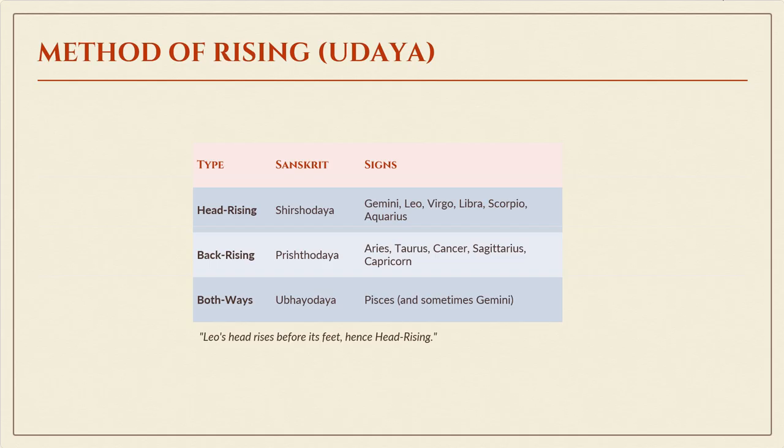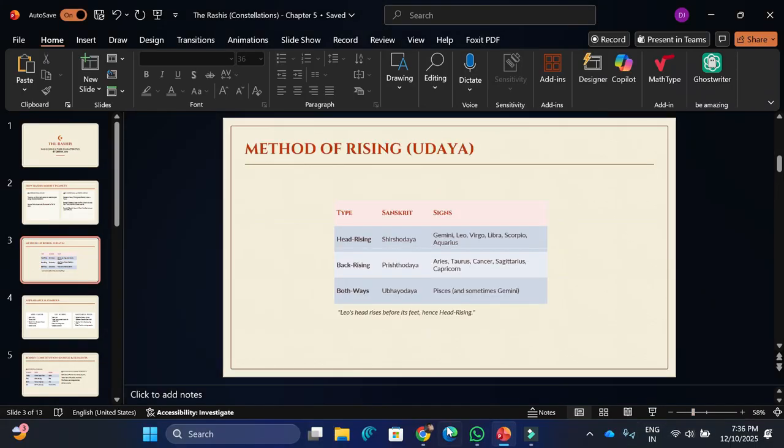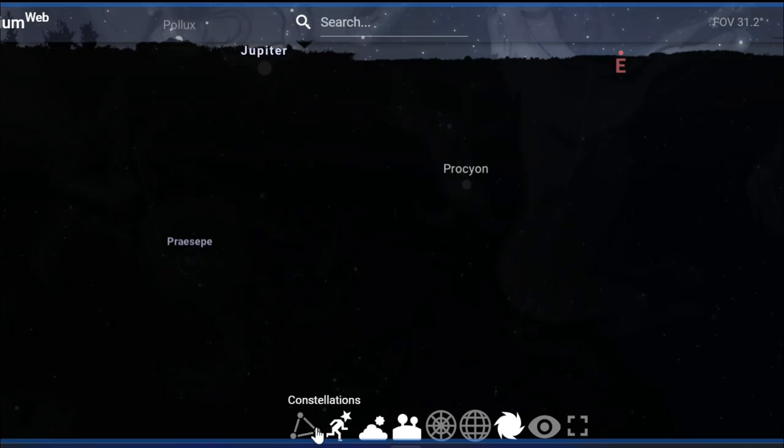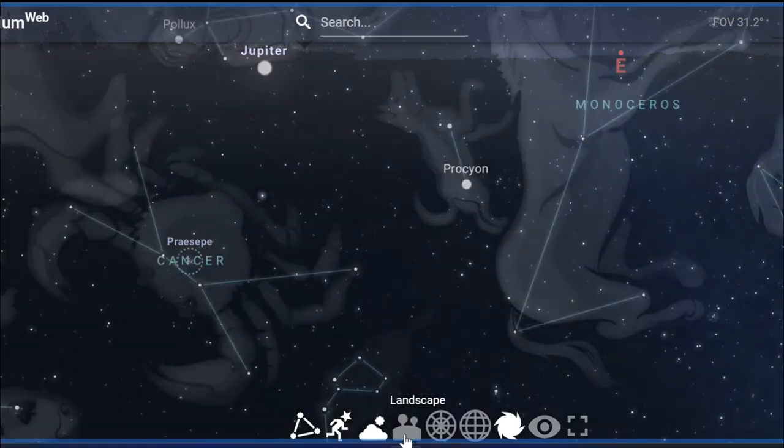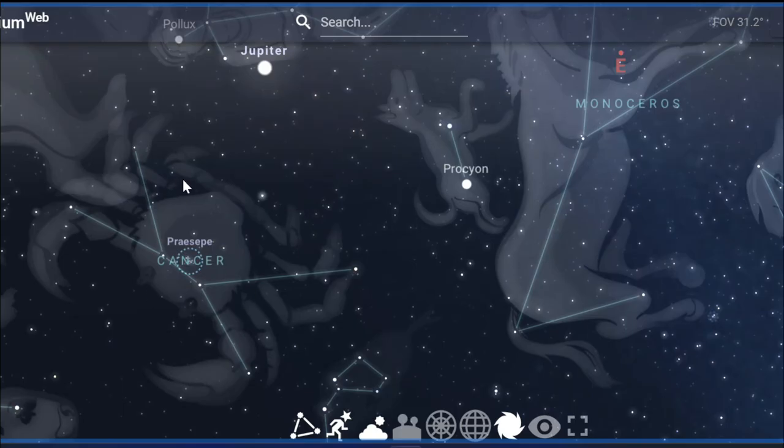Those Rashis which rise head up are known as Shirshodaya Rashis. Okay, let me just show you practically. See, Cancer is here. You can see how it is rising.